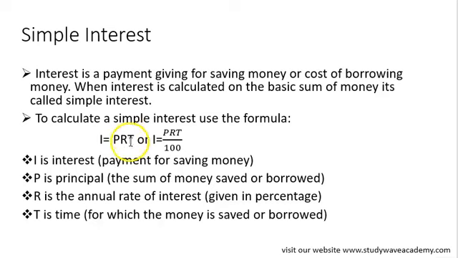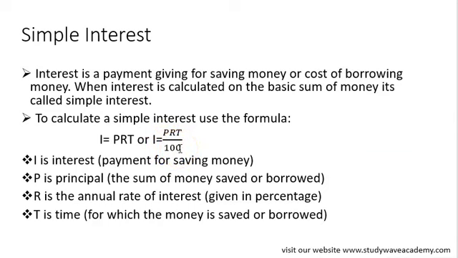Then we have the T, which stands for the time. Okay, in this other formula, we see it's over 100, right? I equals PRT over 100. Remember, we said the rate is given in percentage, so this 100 represents the percentage.